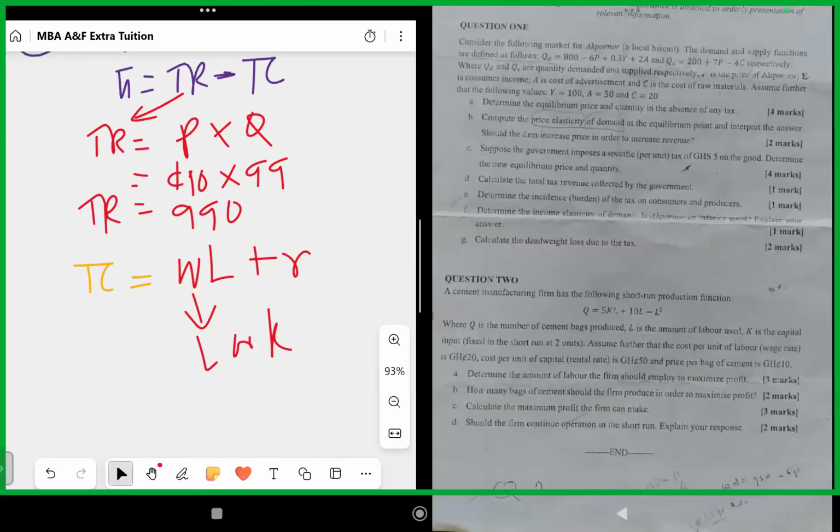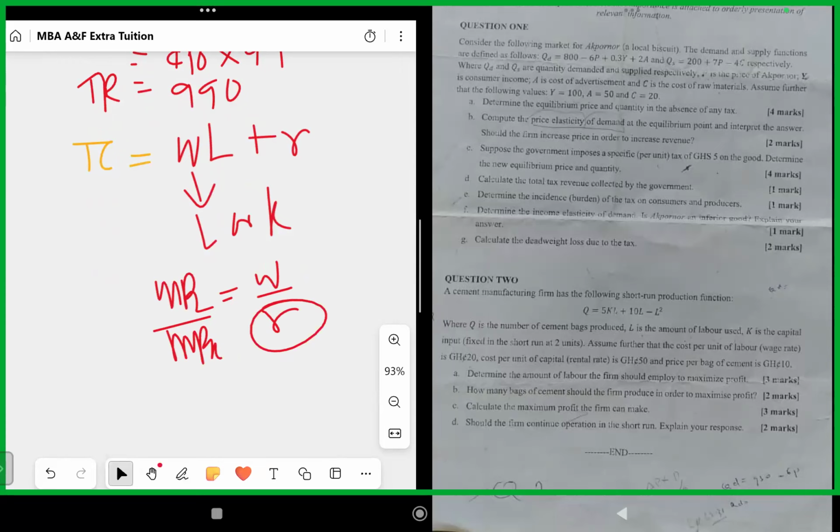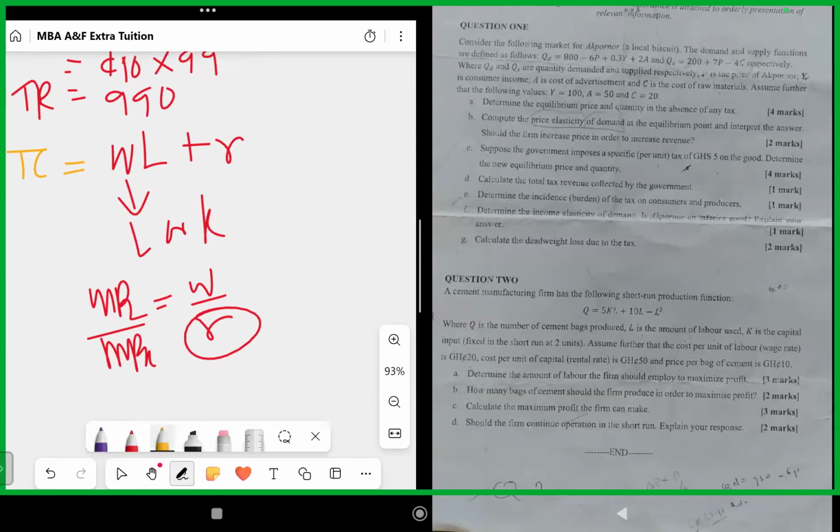So if you remember, we did this: MPL over W equals MPK over R. This R is what we are talking about now. So you can also add it to your notes. This R will represent the rent. It can represent the cost of rent. It can represent rates.